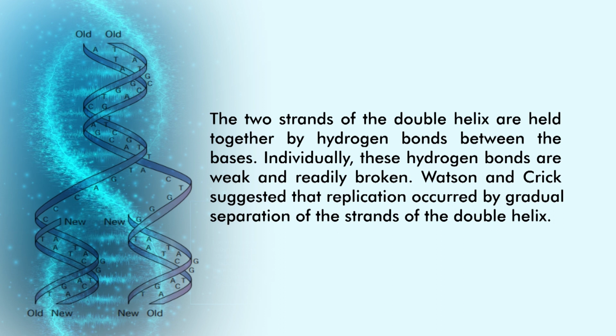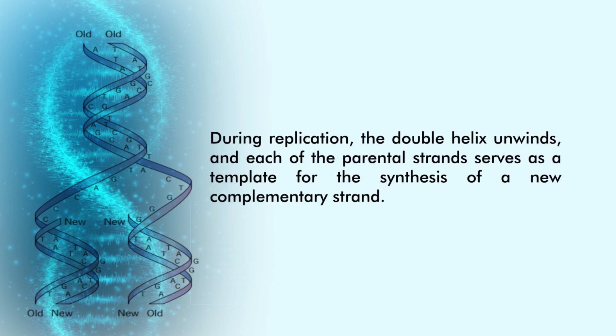Watson and Crick suggested that replication occurred by gradual separation of the strands of the double helix. During replication, the double helix unwinds and each of the parental strands serves as a template for the synthesis of a new complementary strand.